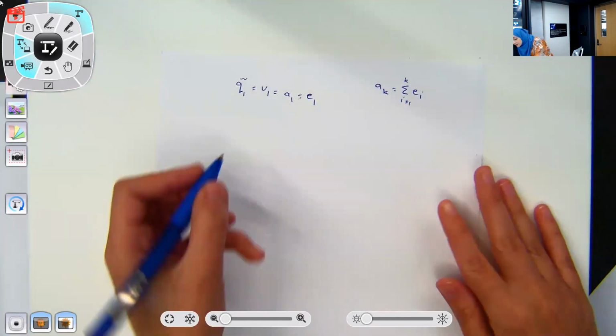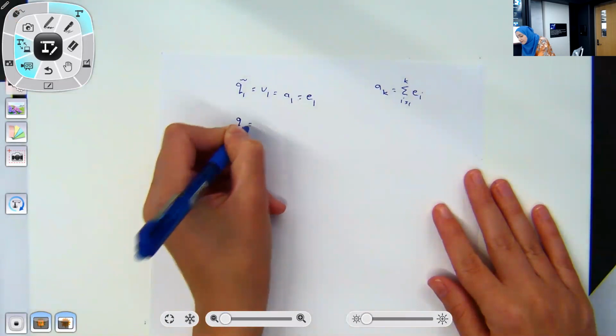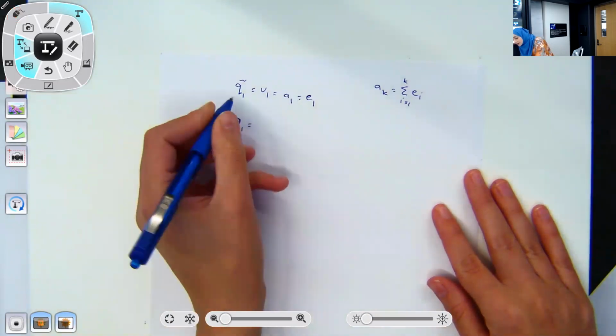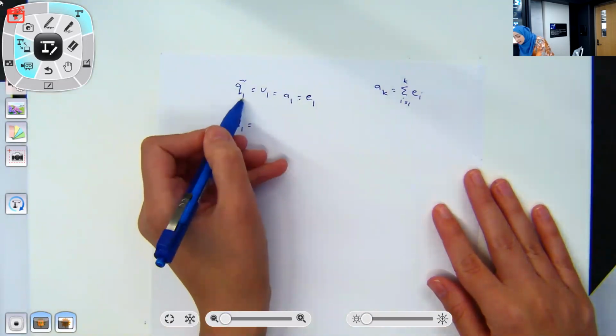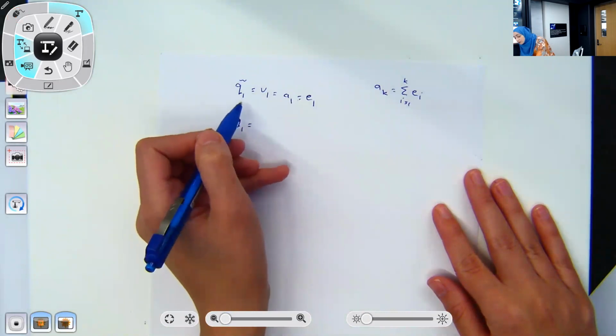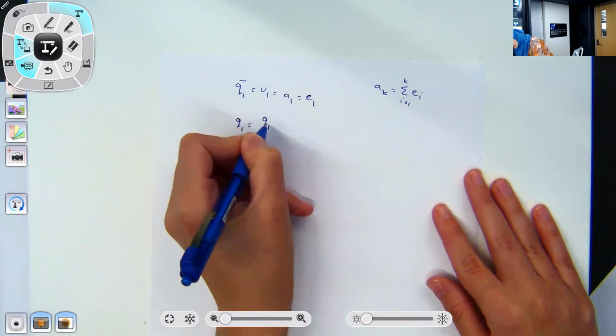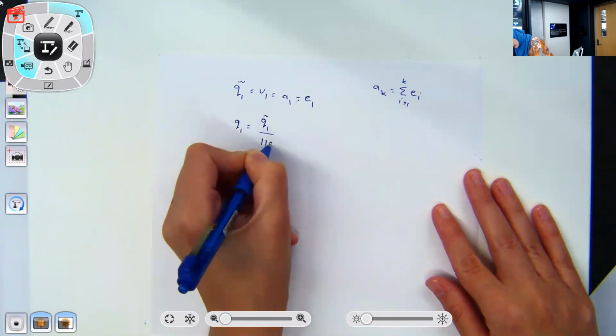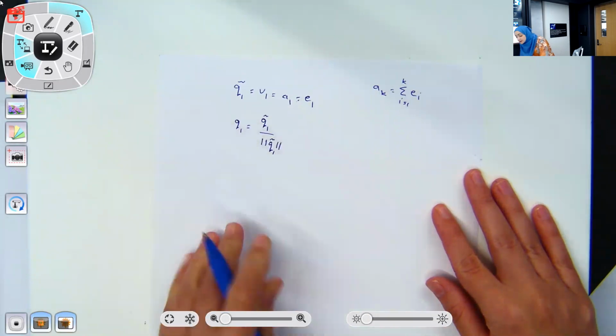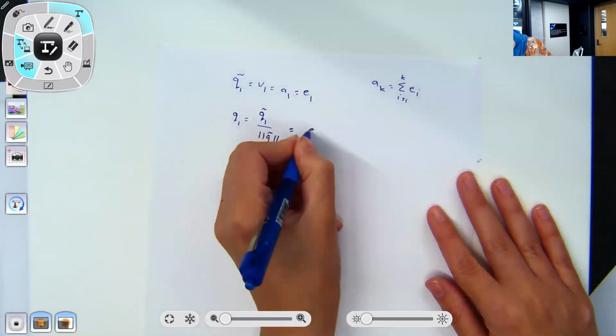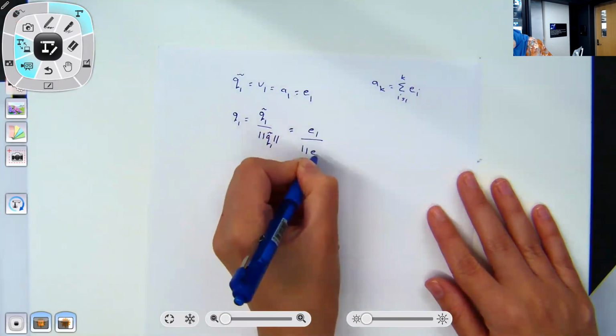We need to find the value of q1. The value of q1 is equal to q1 tilde divided by the norm of q1 tilde. So this is equal to e1 divided by the norm of e1.